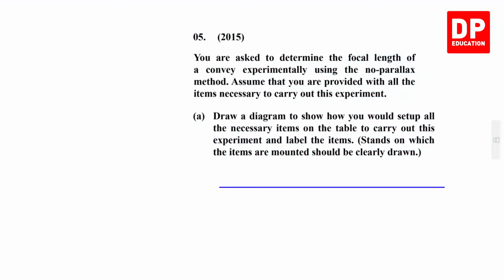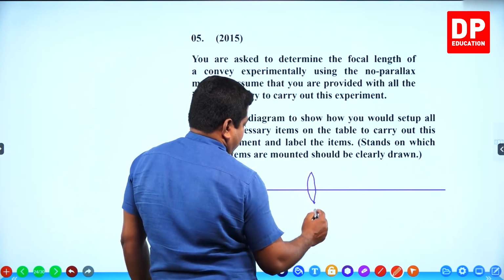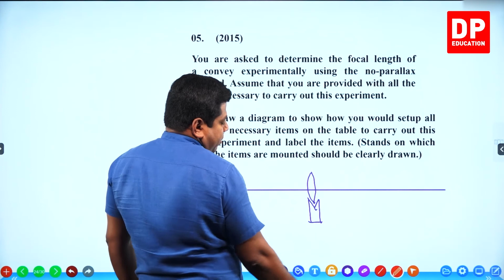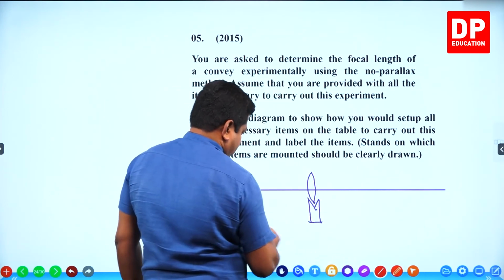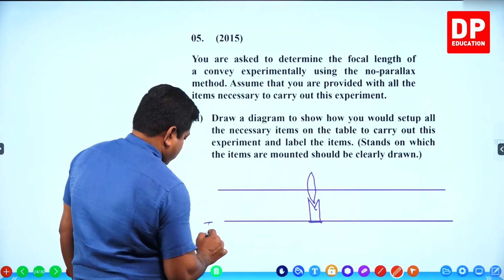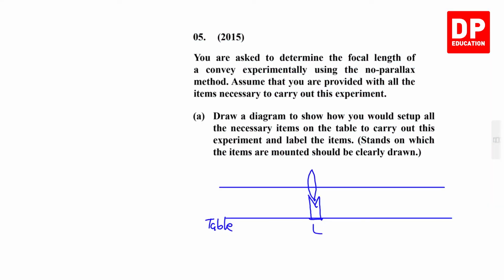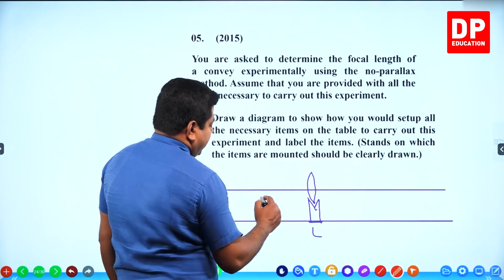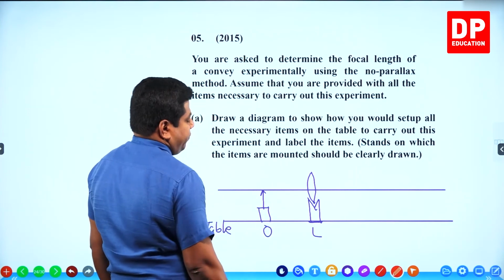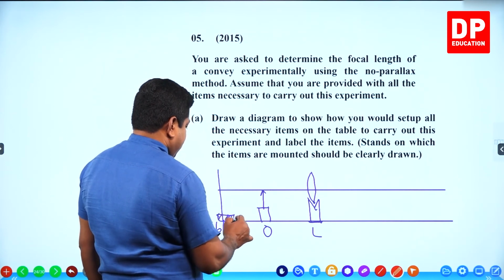Let's say this is the principal axis. That would be the stand. Let's draw the table also. This is the table. That's our lens, let's mark it as L. And then you will keep the object. You have to keep a screen here, a screen with a stand.